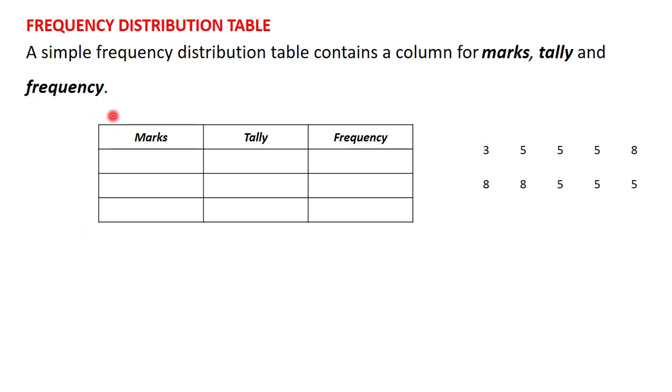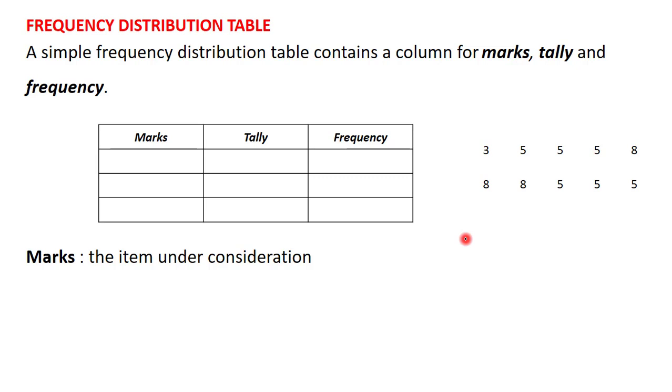So the first column is mark. In a frequency distribution table, the mark refers to the item under consideration. From our example here, the item under consideration is the ages of children in a children's hospital. So the mark refers to the ages.